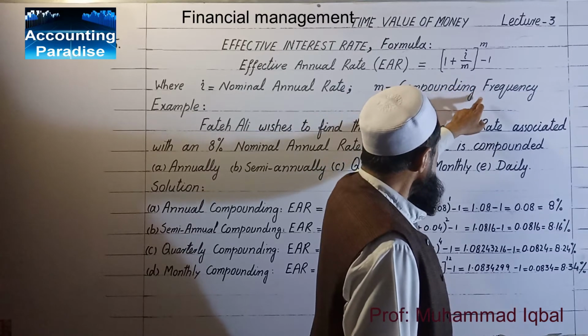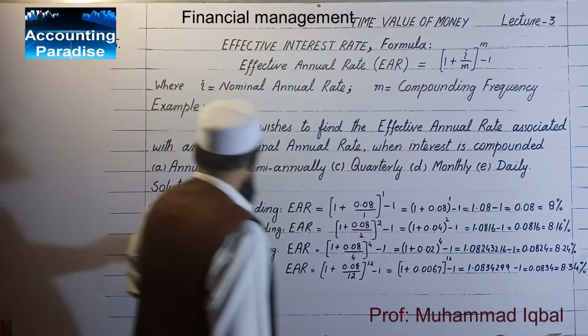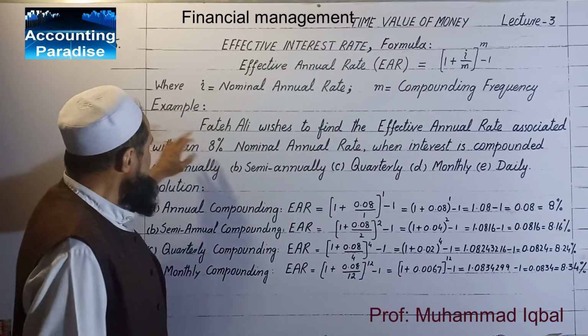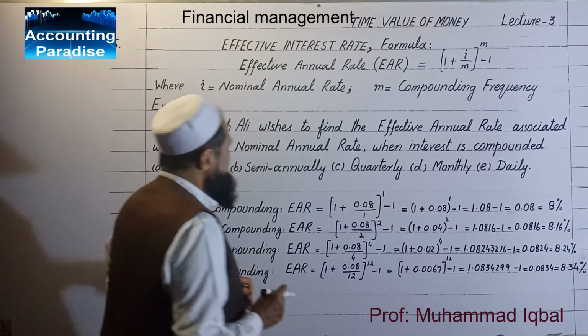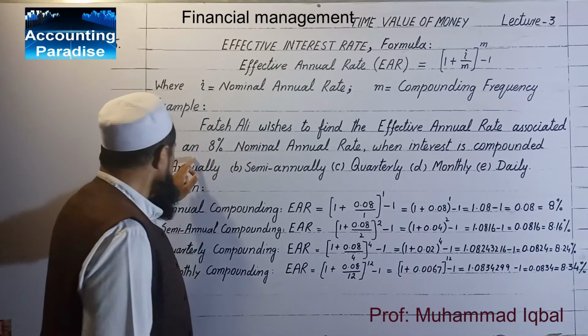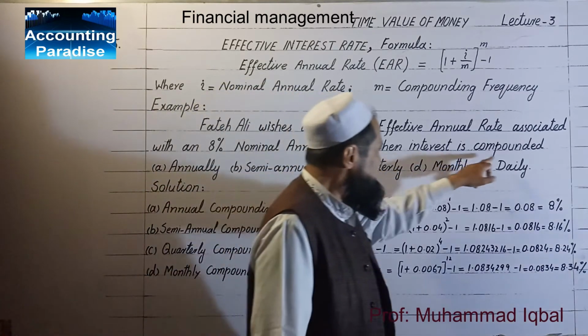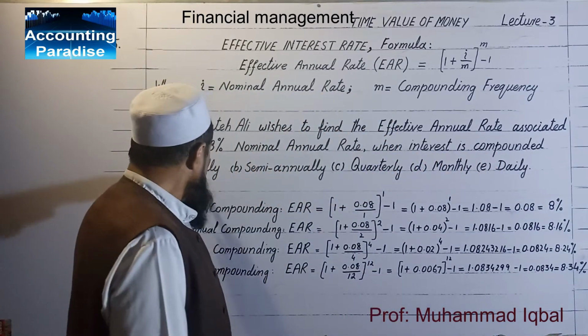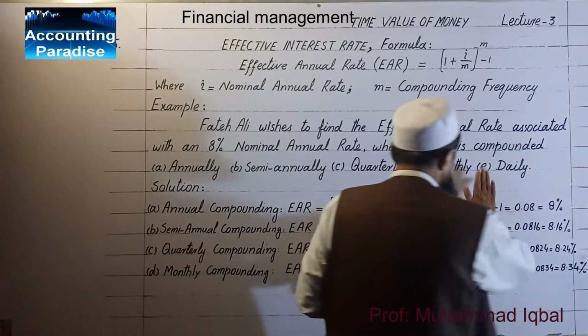How many times in 1 year the compounding is done? The example is Fateh Ali wishes to find the effective annual rate associated with an 8% nominal annual rate when interest is compounded annually, semi-annually, quarterly, monthly.